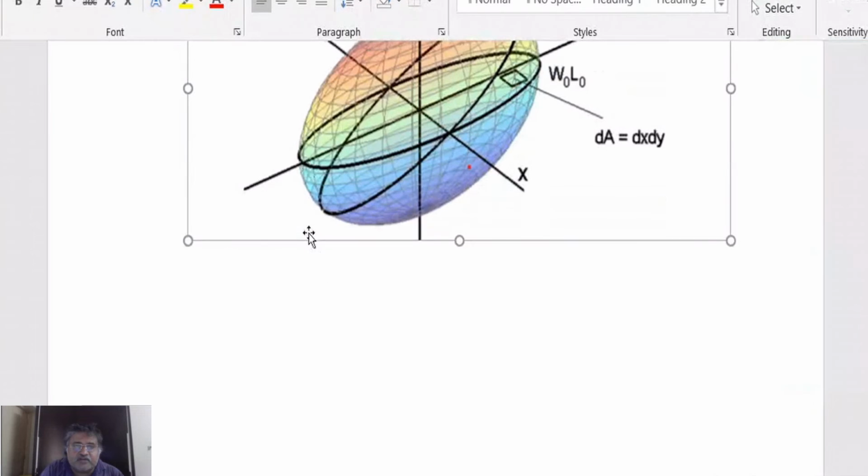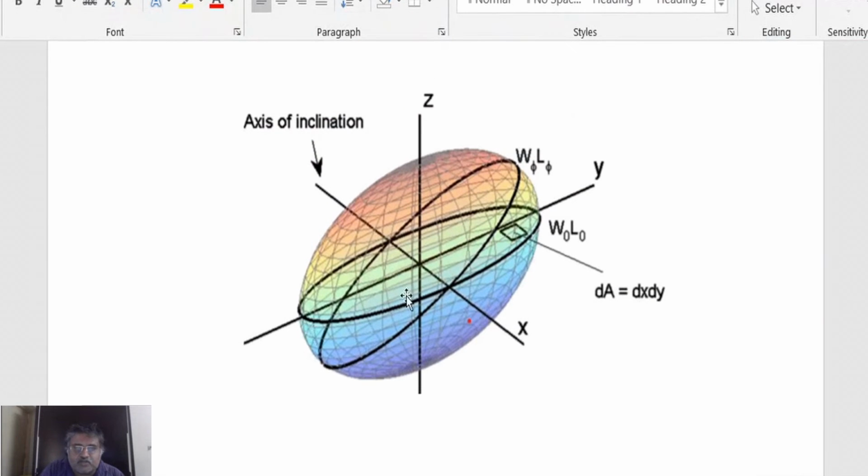The only way you can do it is to assume, like a ship, that this distance is probably the long distance. So let's call that XX in your ship, and this becomes YY. Or if this distance is longer, then you have to assume this to be XX and this to be YY.